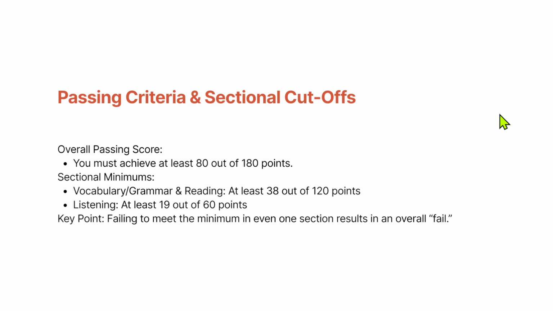If you score 90 in section 1 and 0 in listening, section 2, it means you fail; you don't pass the examination. You have to individually pass both sections.